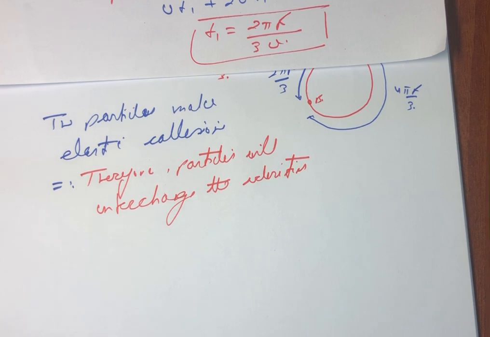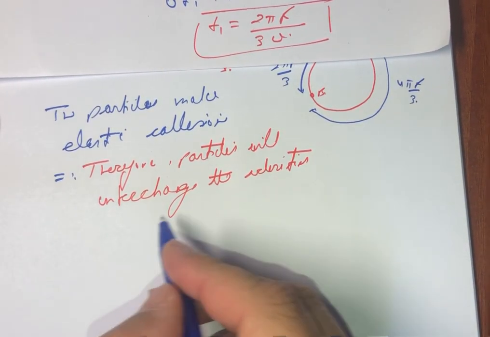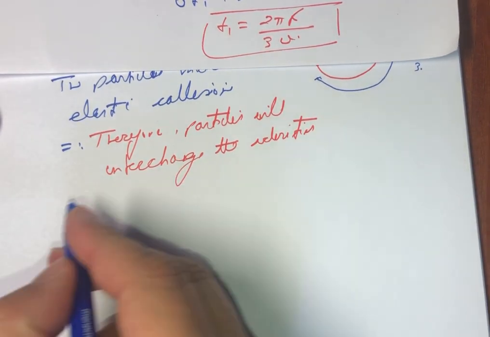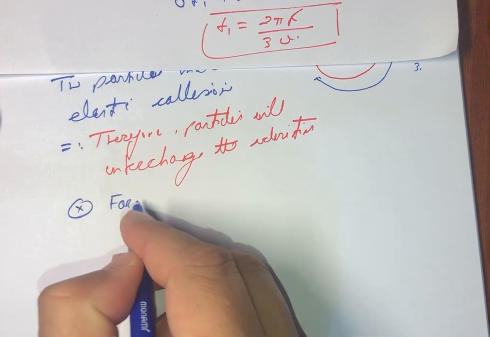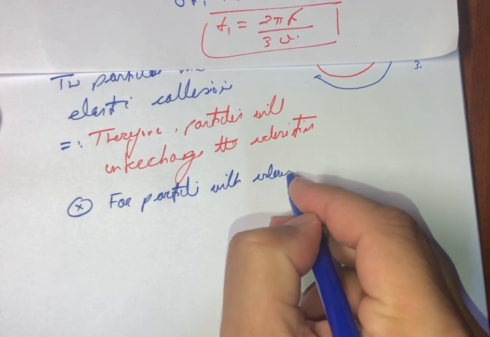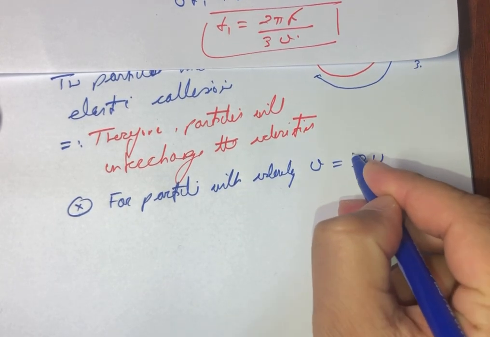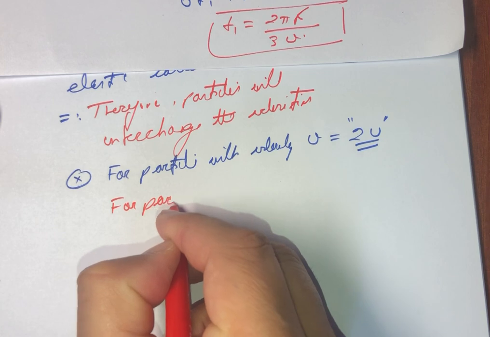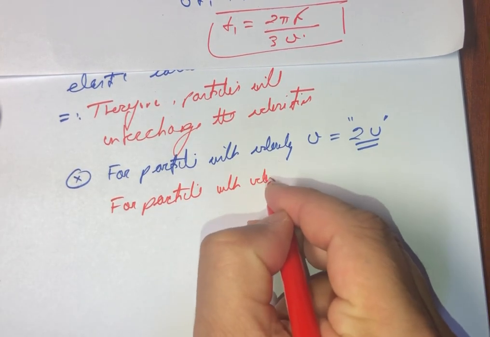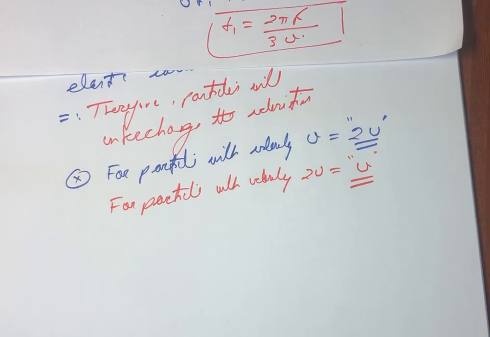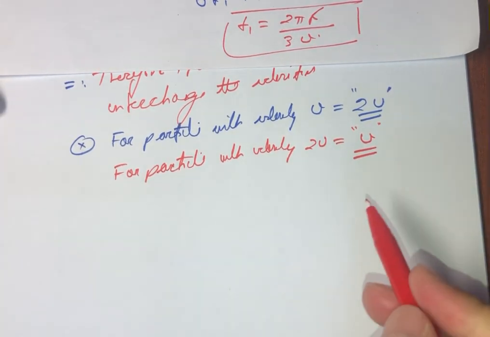If they interchange the velocities, then the particle which initially had velocity v will now have velocity 2v, and the particle with velocity 2v will now have velocity v.